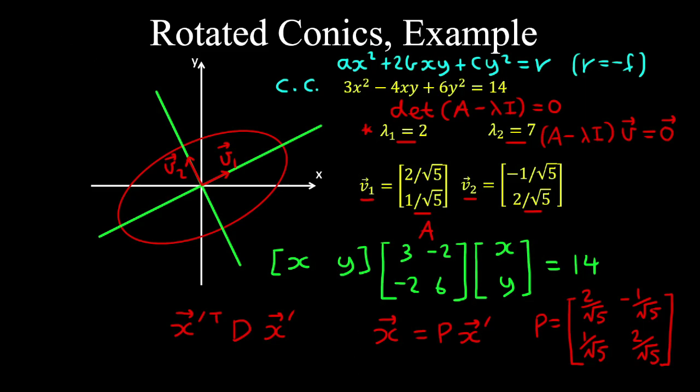And recall from the principal axis theorem that this matrix D is P transpose by A by P. So if you evaluate this product using matrix A and P, you should get D being equal to the diagonal matrix with the eigenvalues 2 and 7 on the diagonal.